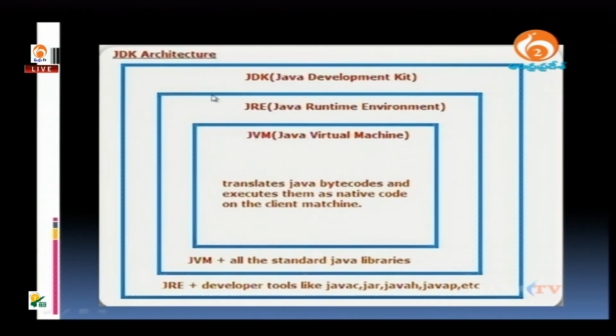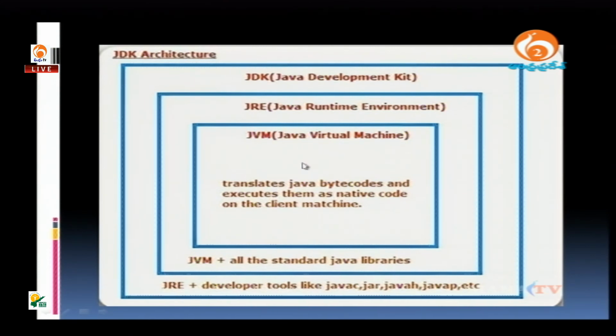This is another diagram of the JDK architecture. You can see here clearly, this is the Java Development Kit, which contains the JRE, and JRE contains the JVM, Java Virtual Machine.